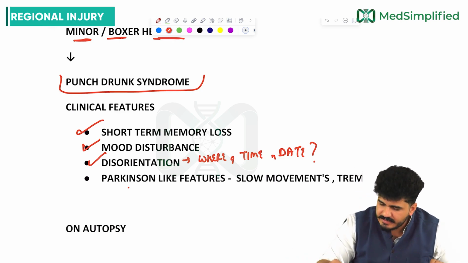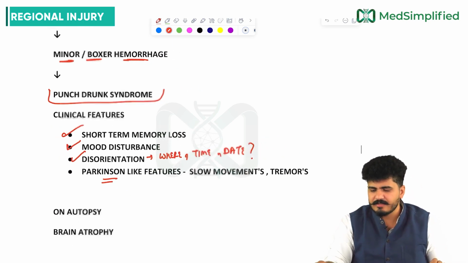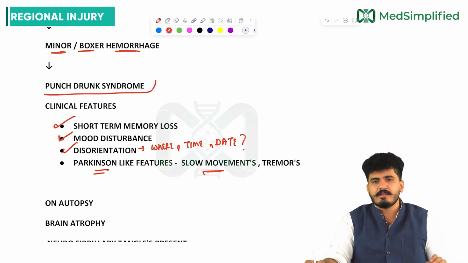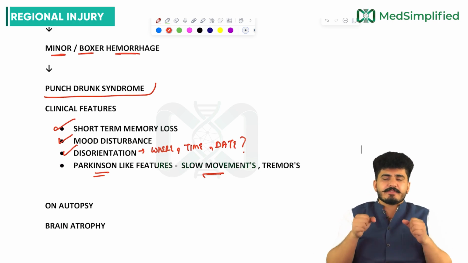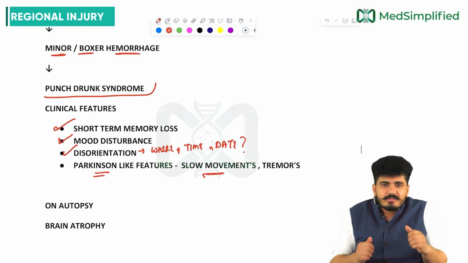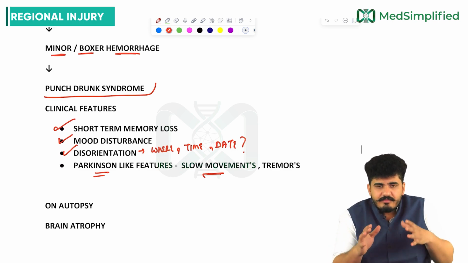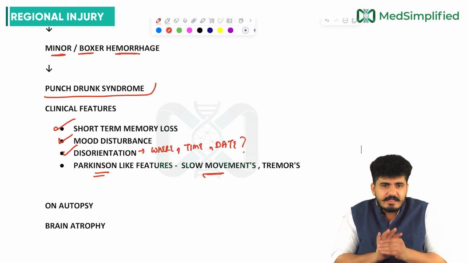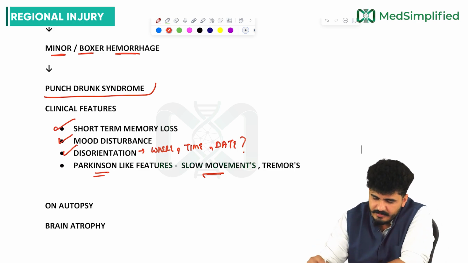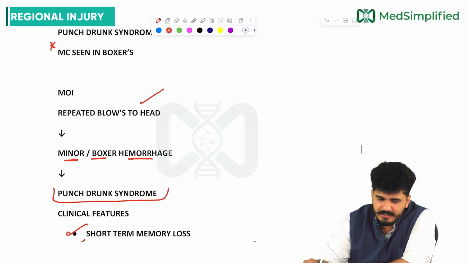Then Parkinson's-like features. What are Parkinson's-like features? Slow movements. Bradykinesia will be there. Slowly, like a Parkinson patient. Tremor will be like this, slowly walking with tremors. So these are the features you are going to see in punch drunk syndrome, my dear friends.